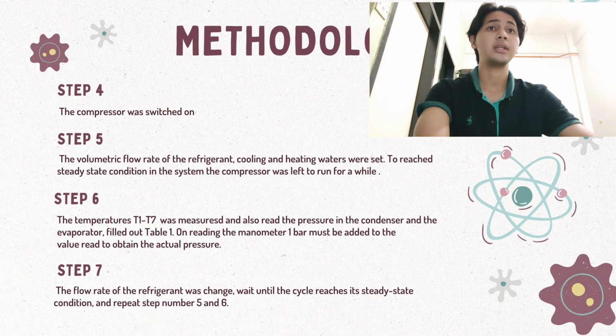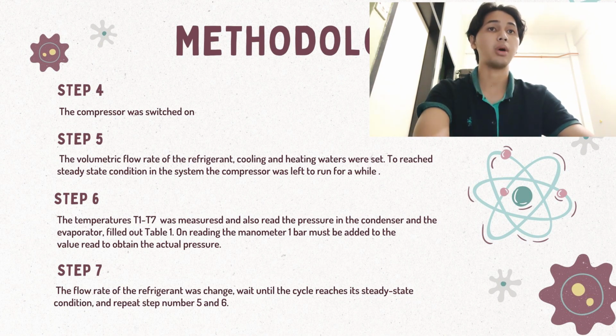Step 5, the volumetric flow rate of refrigerant, cooling and heating water were set. To reach steady state condition in the system, the compressor was left to run for a while. Step 6, the temperatures T1 to T7 were measured.